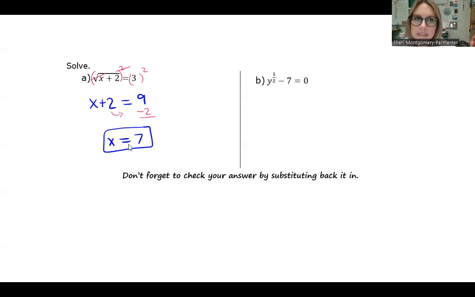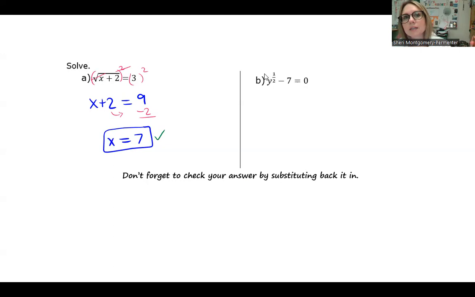Sometimes you can even mentally check things. So if my answer is 7 and I plug it in, what's 7 plus 2? 9. What is the square root of 9? 3. So that one works. So I just checked it. It's good. Again, sometimes you can mentally check them if there's not a whole lot going on.